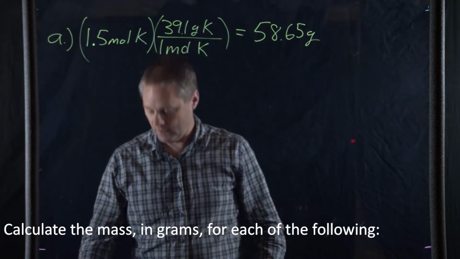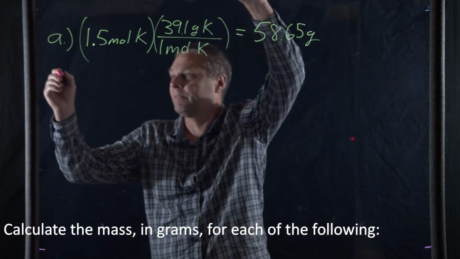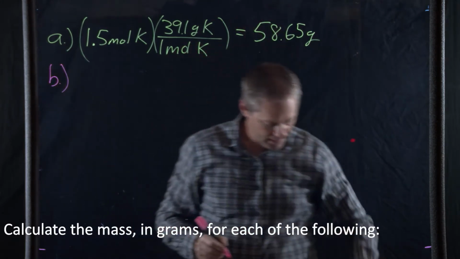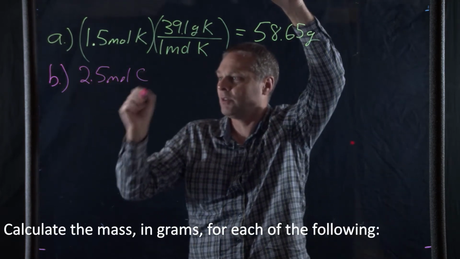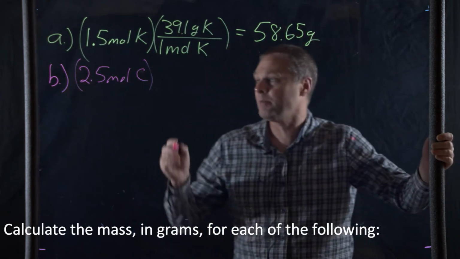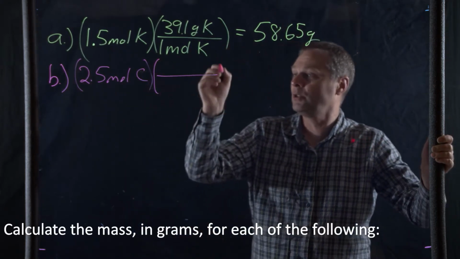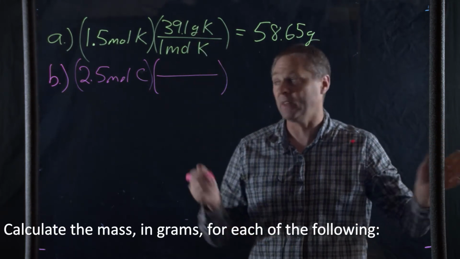All right. The next one, B, is going to be 2.5 moles of carbon. So 2.5 moles of carbon, we want to come up with that mass. Once again, we're going to do the exact same thing we did up here. We're going to multiply by the molar mass, but not of potassium, but that of carbon.